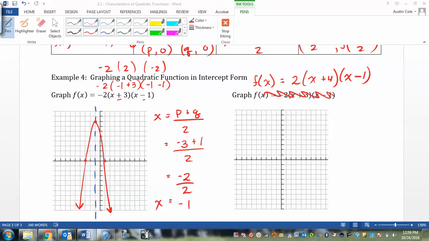So I already know my x-intercepts, that's -4 and +1. Okay, so when I go to find my axis of symmetry, what have we noticed? It's not going to be a whole number. That's fine. That's okay. Just to make sure, I'm going to say x equals p plus q divided by 2.